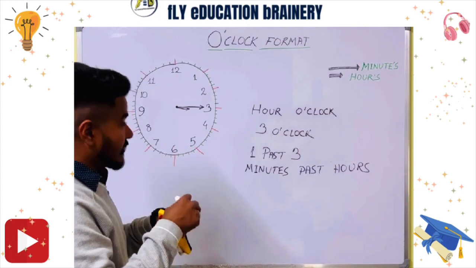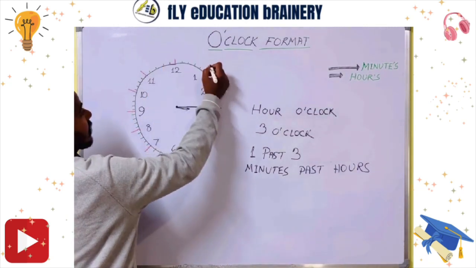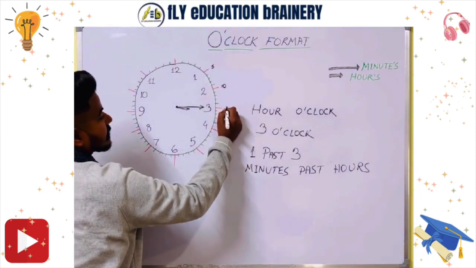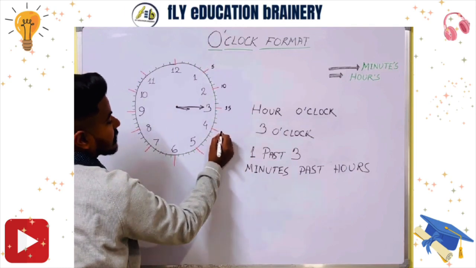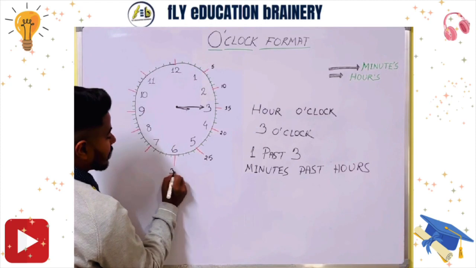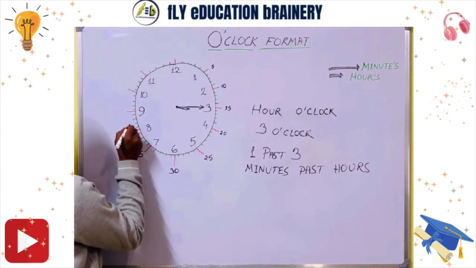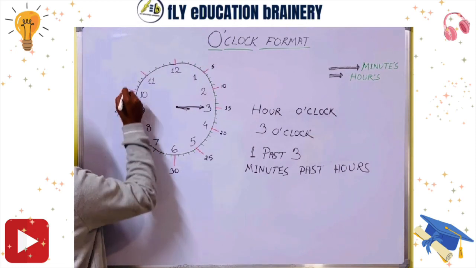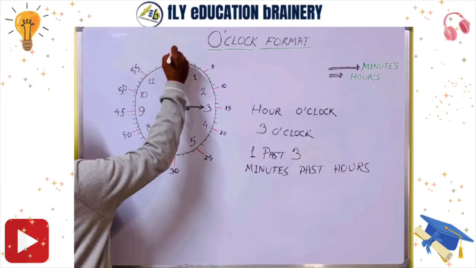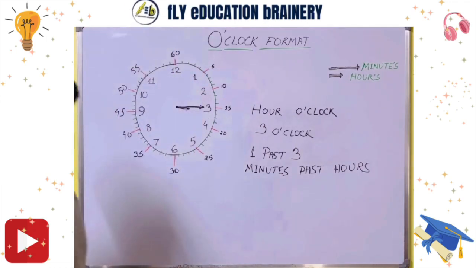Now for your reference, let me write all the 5 minutes here. It's 5 minutes, 10 minutes, 15 minutes, 20 minutes, 25, 30, 35, 40, 45, 50, 55 and 60 minutes gets completed here.